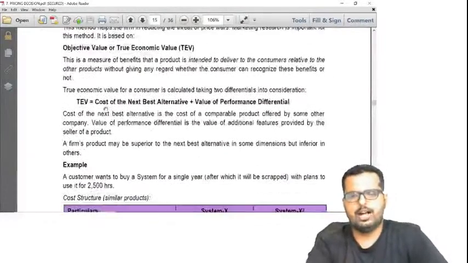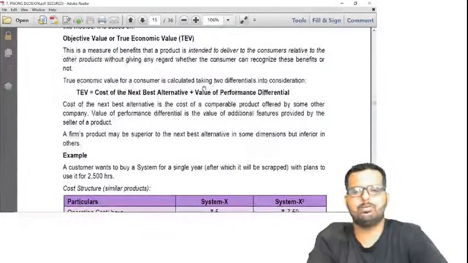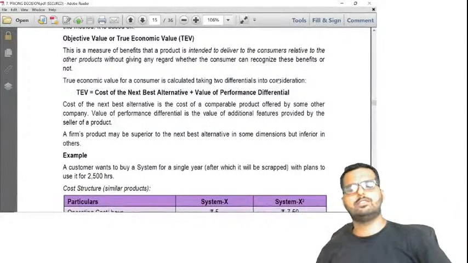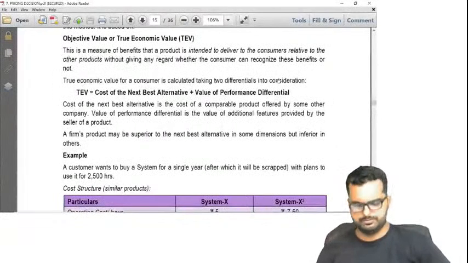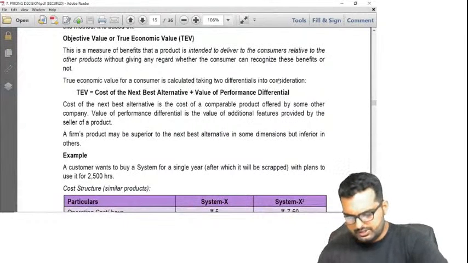True economic value. Okay, there is a formula also over here. It's not very easy for me to explain this without a proper question. Can you please write down this formula in your books? True economic value is cost of the next best alternative plus value of performance differential.